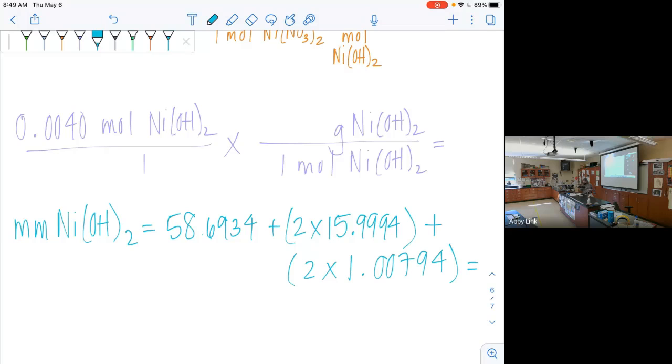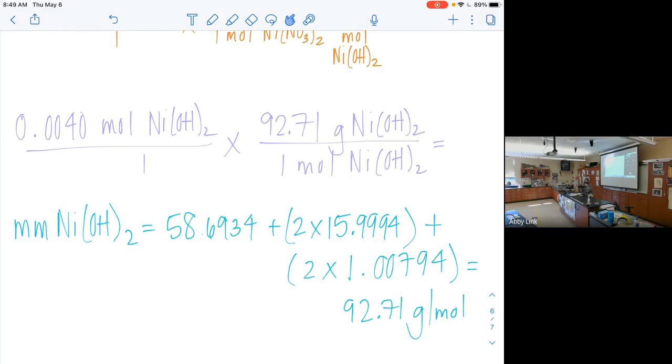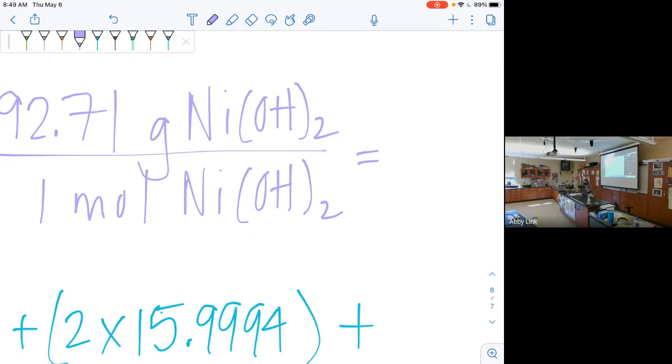All right, that molar mass comes out to be 92.71 grams per mole. So I can go ahead and plug that in the numerator up here. All right, we have 2 sig figs here. So my answer comes out to be 0.37 grams of the NiOH2.